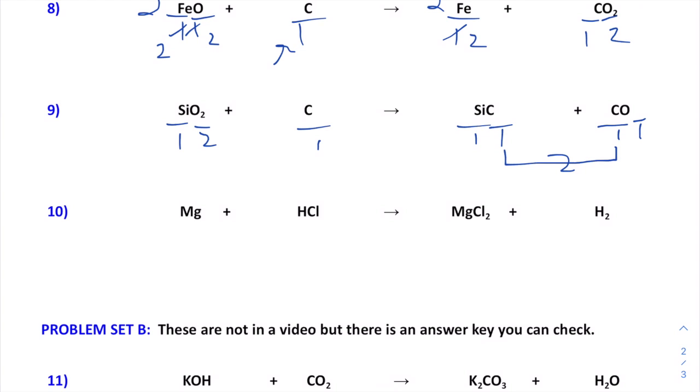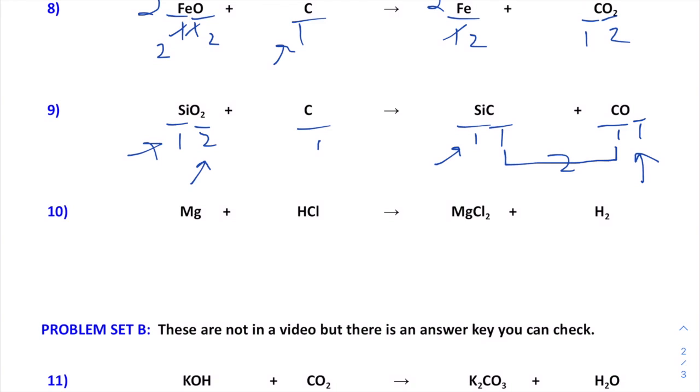And so if I count 1 Si, 1 Si, that's balanced. 2 O, and over here only 1 O.